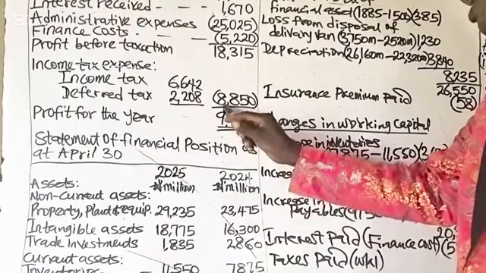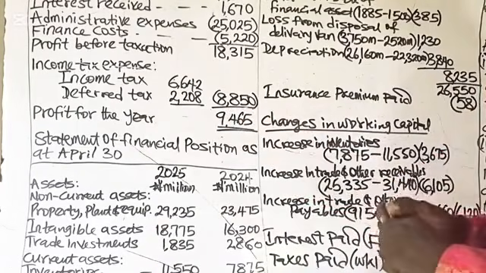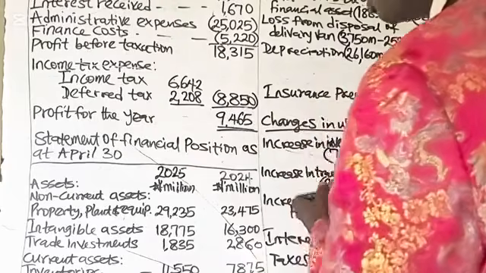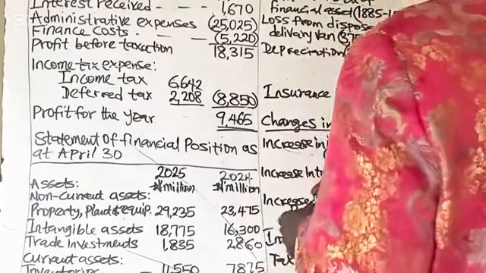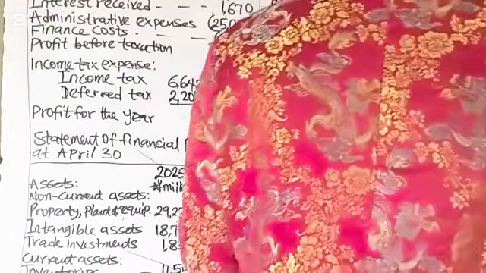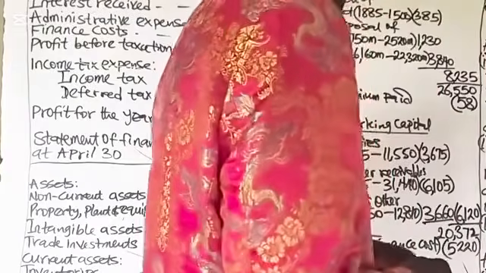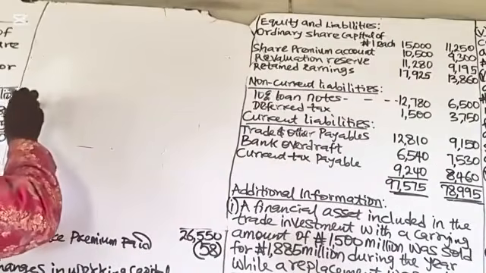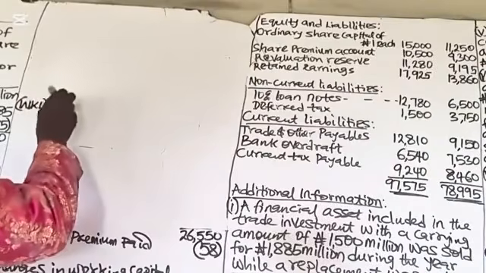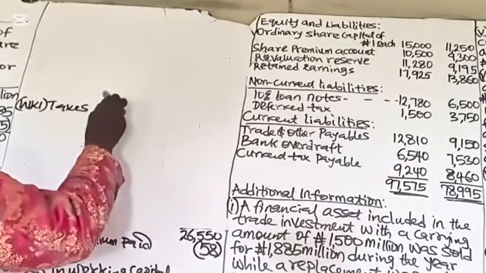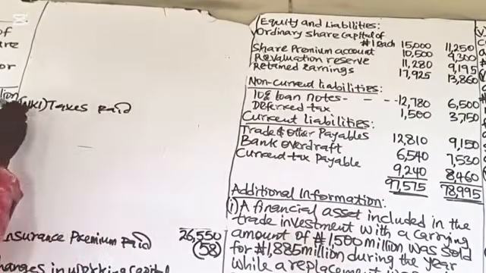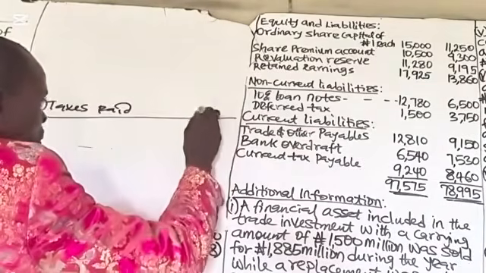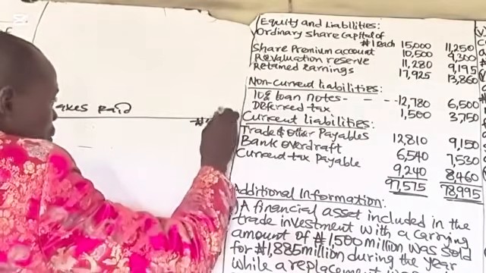So you have total of 8,850. Then let's go through the current and the non-current liabilities to see if there is anything that requires adjustment there. Working number 1. We have taxes paid. Amount is in million naira.